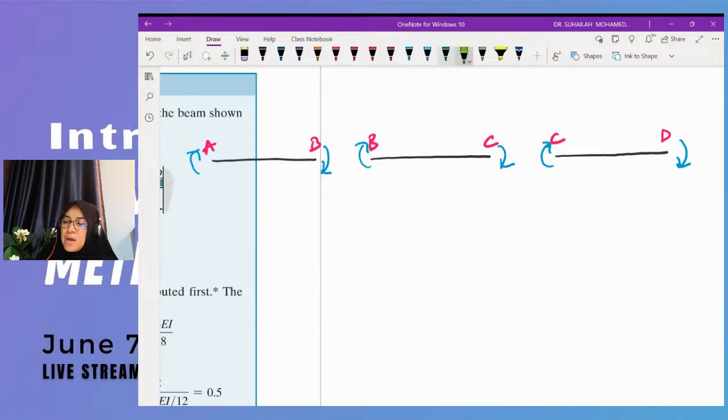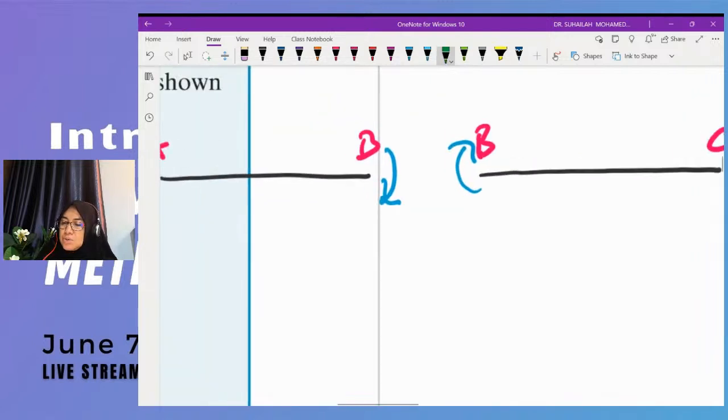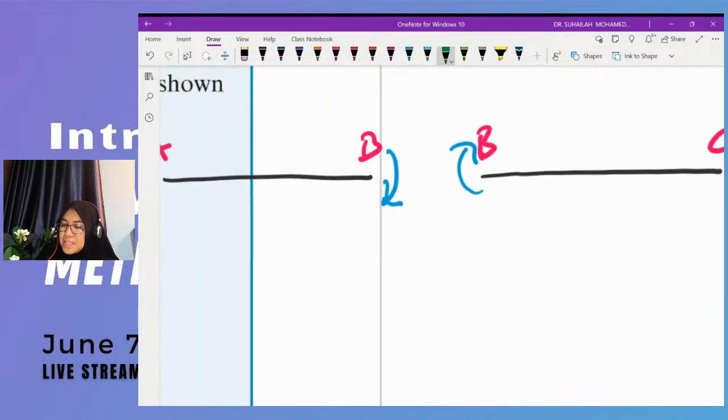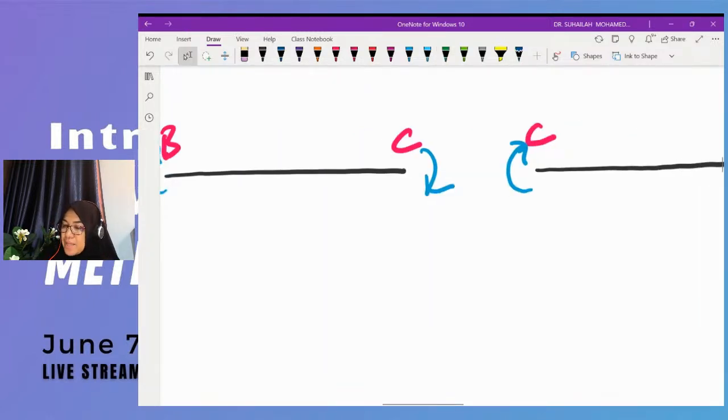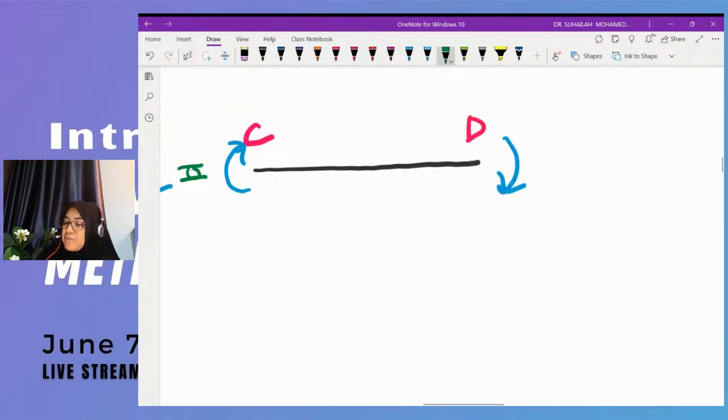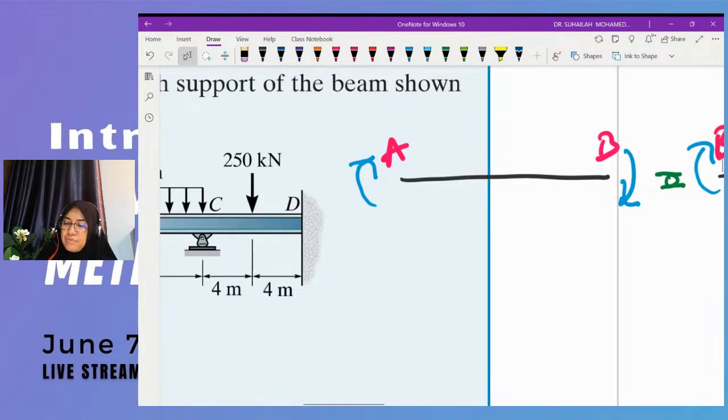Beside the members, we have joints: joint B, joint C, joint D. D is fixed, A also fixed.